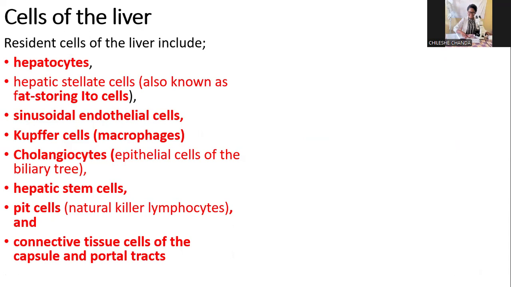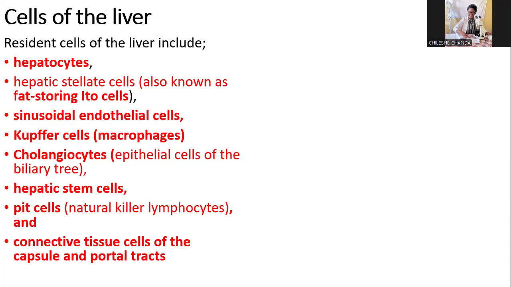Now, some of the cells of the liver include hepatocytes, which we've already talked about. These are the main cells of the liver, the ones that carry out its functions. Then we have the fat storing cells, also known as Ito cells or hepatic stellate cells.